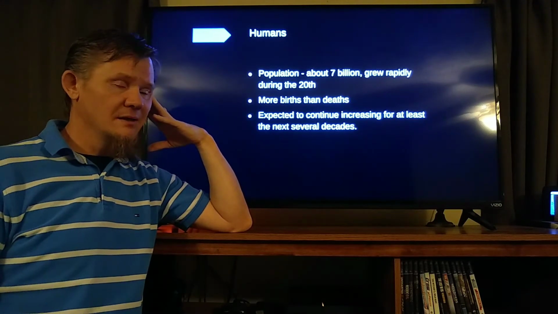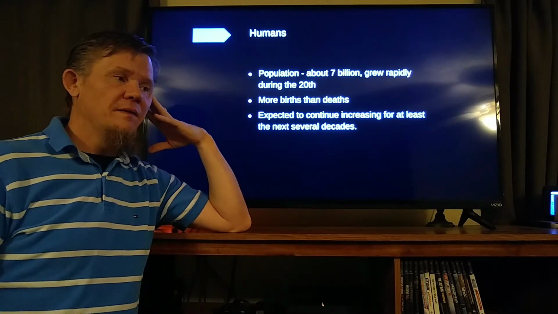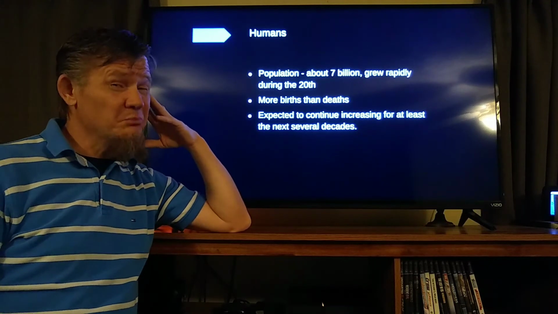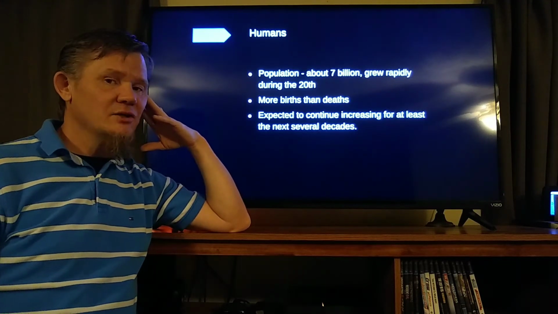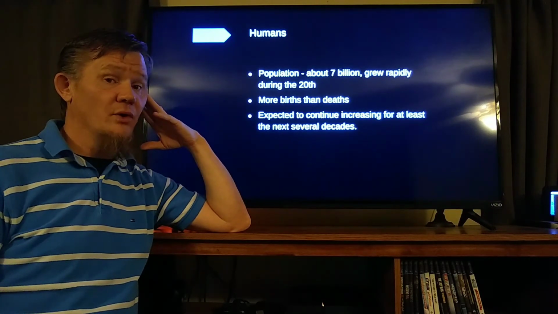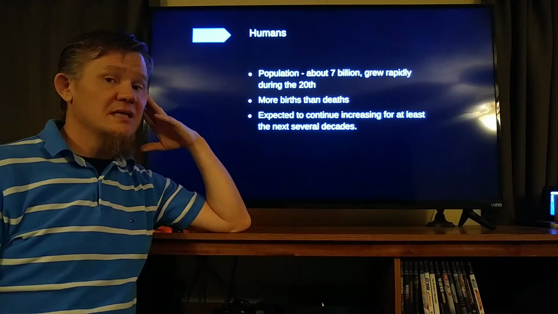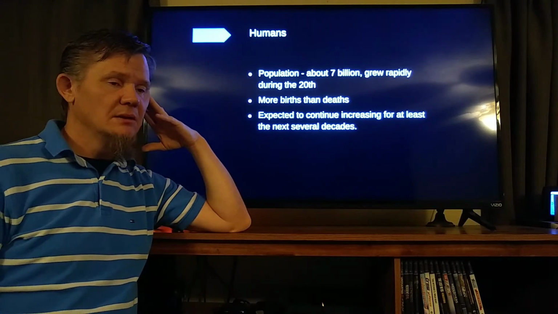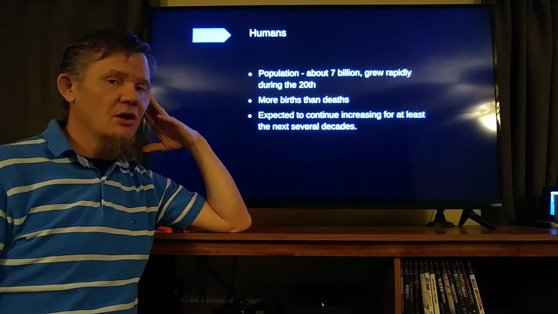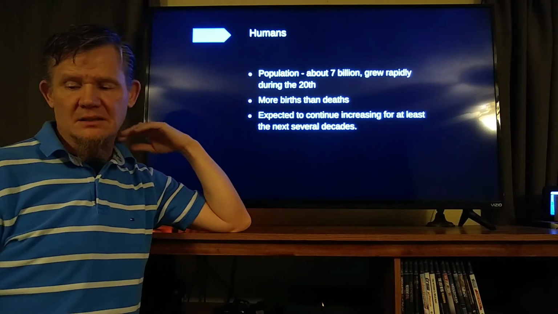We have some guesses. Some people think the guess is about 10 billion people. Some people think it's closer to 20 billion people. We're not exactly sure what the carrying capacity of the Earth is for humans. It's probably closer to the 10 to 15 than it is the 20. And the numbers are suggesting that we're leveling off because we're approaching that carrying capacity. And we'll talk more about that in just a little bit.